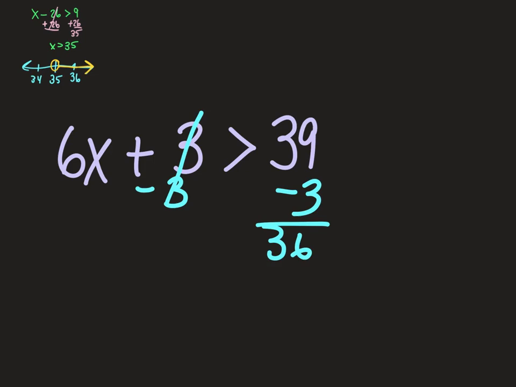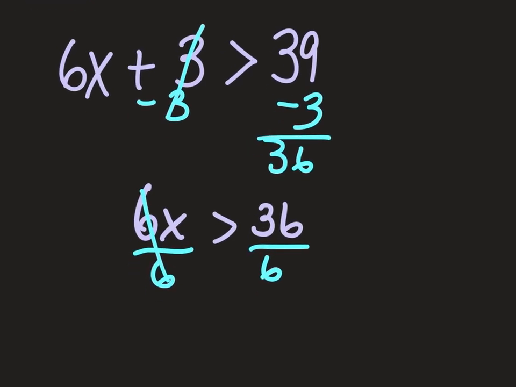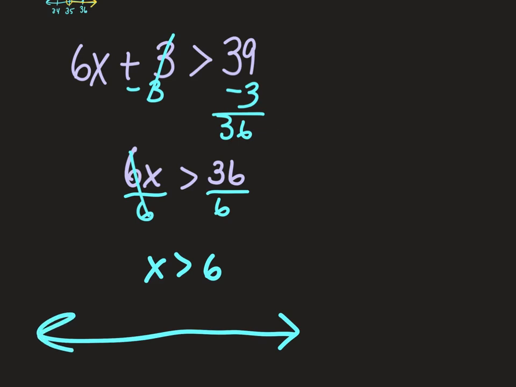When I rewrite the question, I say 6x is greater than 36, and now I'm ready to get rid of the 6. Right now it's smushed, so the opposite of that is to divide. Divide by 6, cross out, what's my answer? And I end up with x is greater than 6. One more step, make a number line, give me some neighbors, what kind of a dot, what direction does it go?